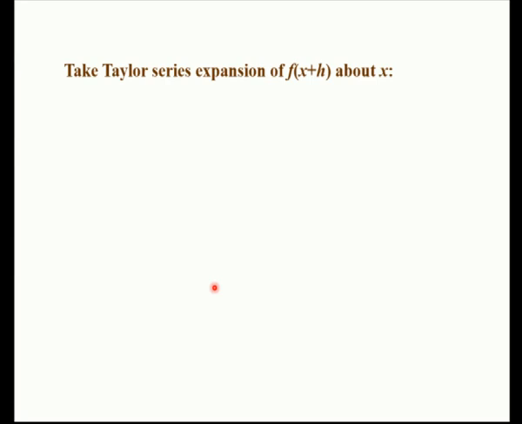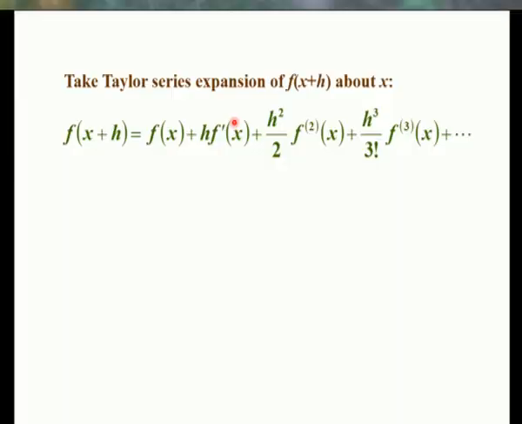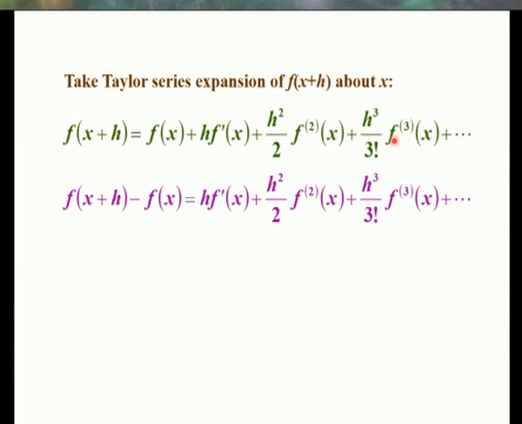For example, consider the Taylor series of a function f about a point x with the increment h, which would be the function value f of x plus h times the first derivative plus h squared upon 2 times the second derivative. The f with superscript 2 indicates the derivative at x, and hence you will get higher derivative terms.